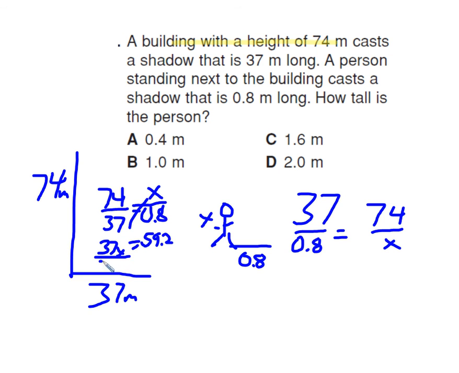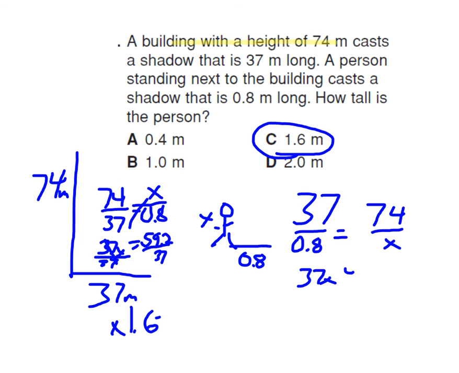Divide this by 37. I get x by itself. 59 and 2/10 divided by 37 is 1 and 6/10. Sorry about that. 1 and 6/10. Okay. It would work out the same here. 37x. You get the idea. You get the same answer. 1 and 6/10 meters.